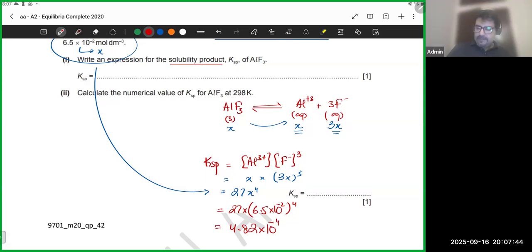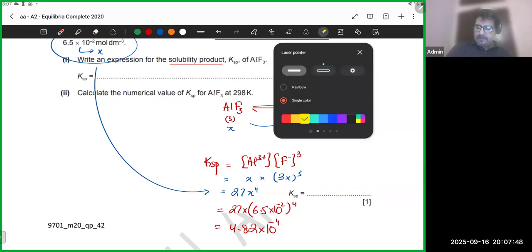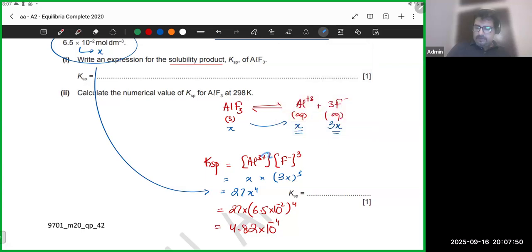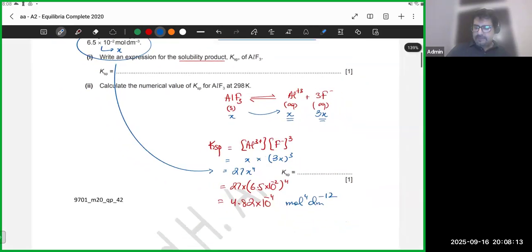The unit for this would be, for this, the unit would be, so concentration into concentration cubed. So it's going to be concentration to the power 4. So our unit would be concentration to the power 4 mole per dm cubed to the power 4. So that's going to be minus 3 into 4, that's 12. Okay, that's what my answer would be. Okay, that's what KSP is.